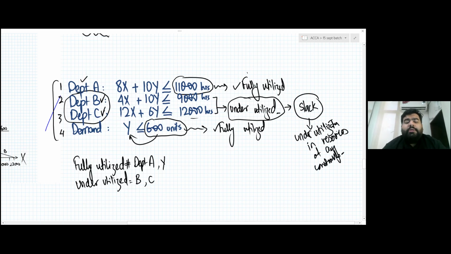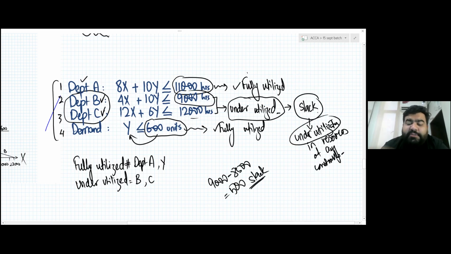Slack is the difference between the available resource and the used resource. For example, department B has 9,000 total hours, and we have used just 8,500 hours out of 9,000, so 500 is the slack. That's the underutilization of resources in any of the constraints.